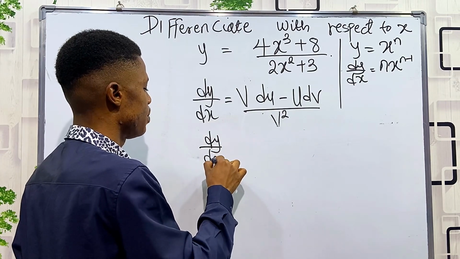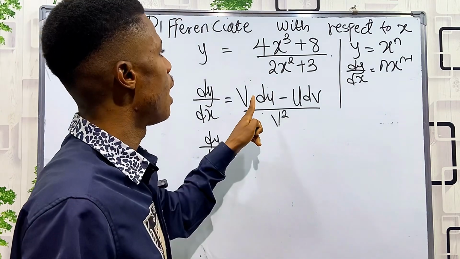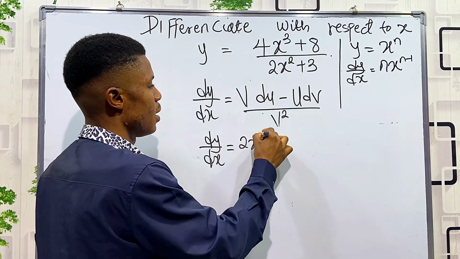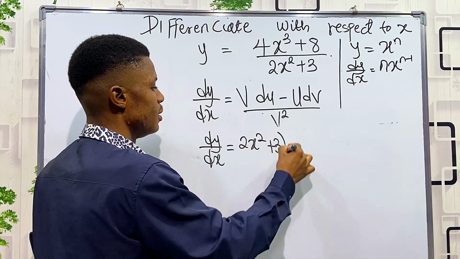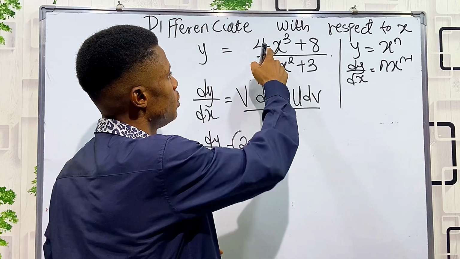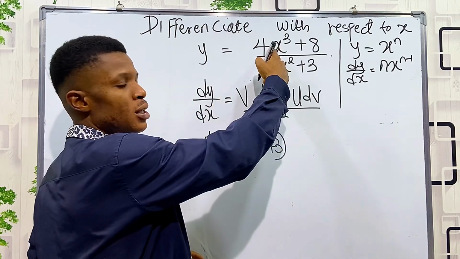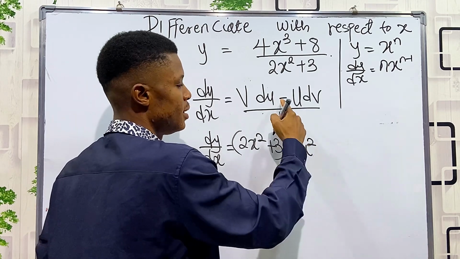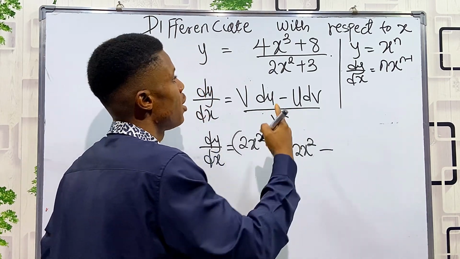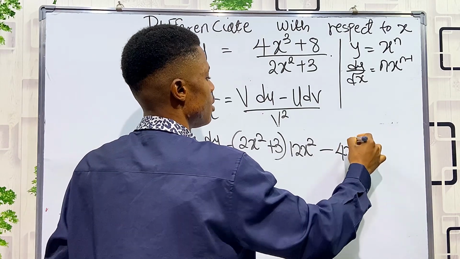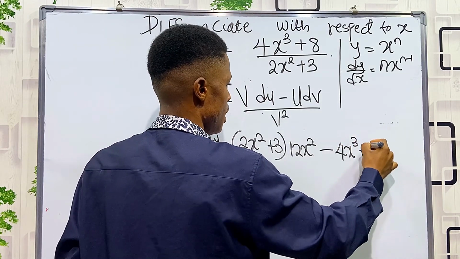Differentiating y with respect to x is equal to, our v is the denominator, so we have it as 2x squared plus 3. Then our du, the differentiation of u, is equal to 12x squared. Then minus our u, the numerator, which is 4x cubed plus 8.